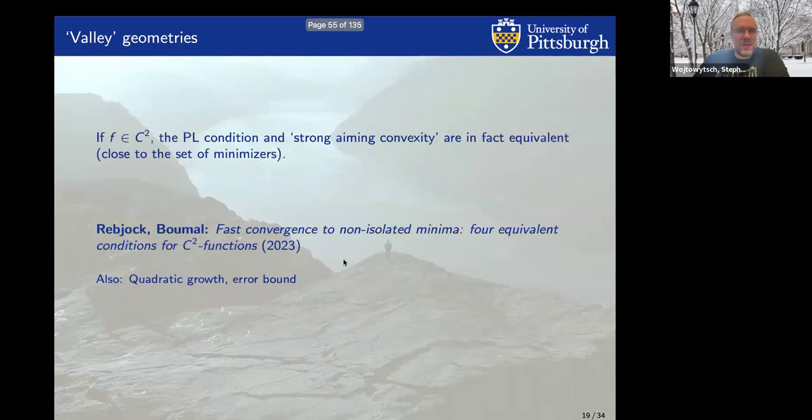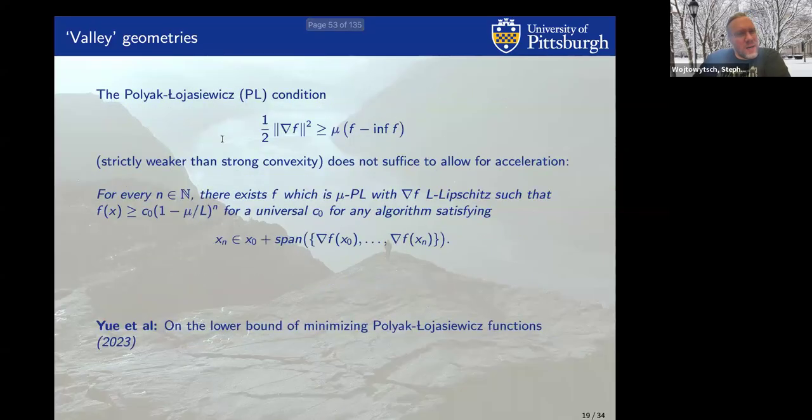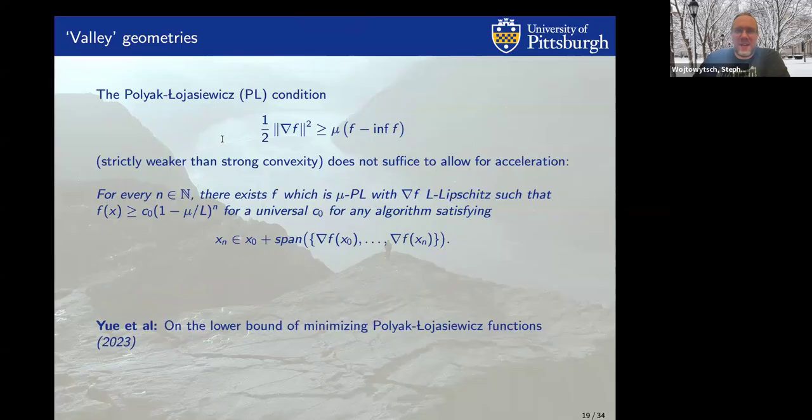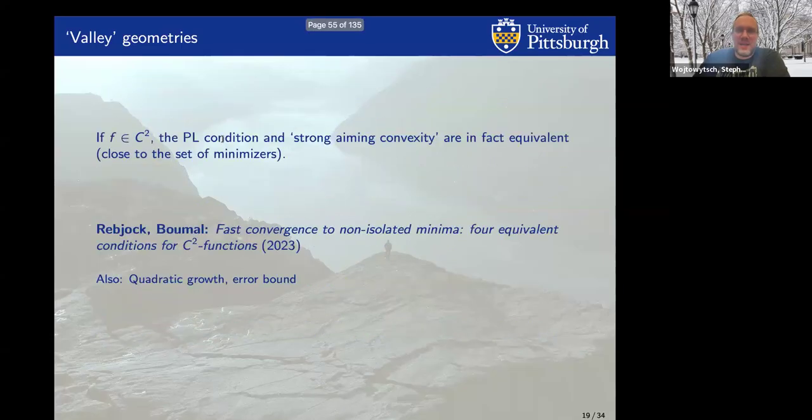And then there's a similar result. I skipped one of them, I'm so sorry. There is another one that proves essentially accelerated convergence specifically under the PL condition. And there is then this paper of Repchuk and Bumal where they prove these conditions are all equivalent.